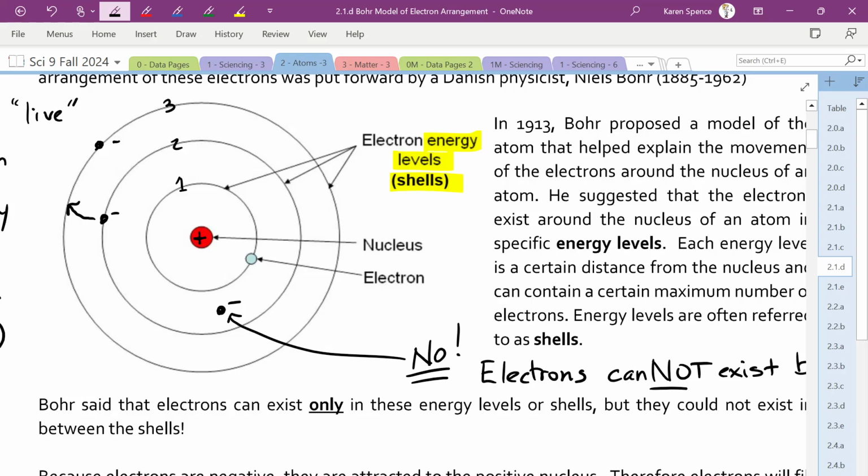You can have an electron move down, as long as there's space. But here's the thing, they don't pass through the space in between. They are simply in energy level 2, and then they're in energy level 3, or they're in energy level 3, and then they drop down to energy level 2, and they do not pass through the space in between.